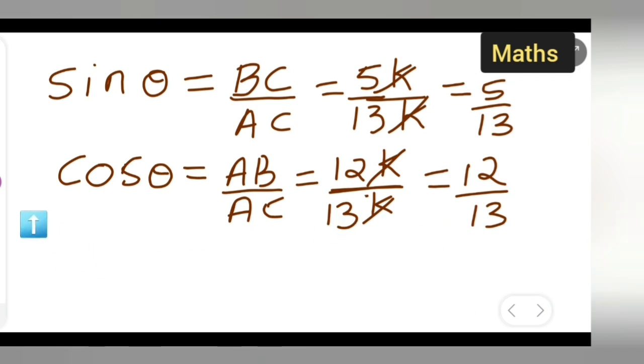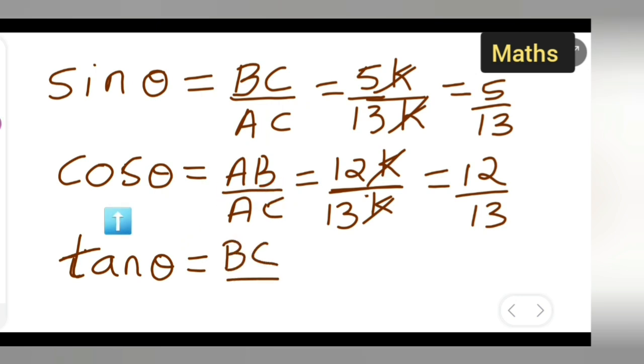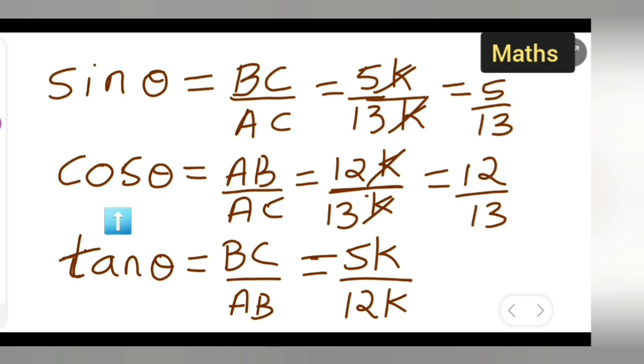Next, let us find tan theta. Tan theta is opposite upon adjacent. Opposite is BC and adjacent is AB, so BC upon AB, which is 5k upon 12k. The k's get cancelled and I get 5 upon 12.